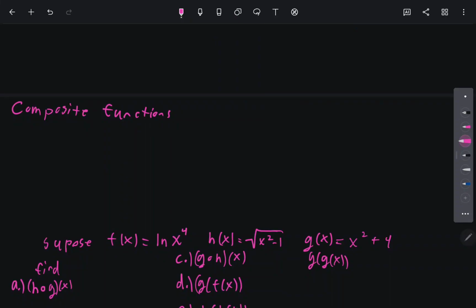So let's ask first, what is a composite function? Well, it's a function that is composed of another function. So this is really just going to look like f of g of x.